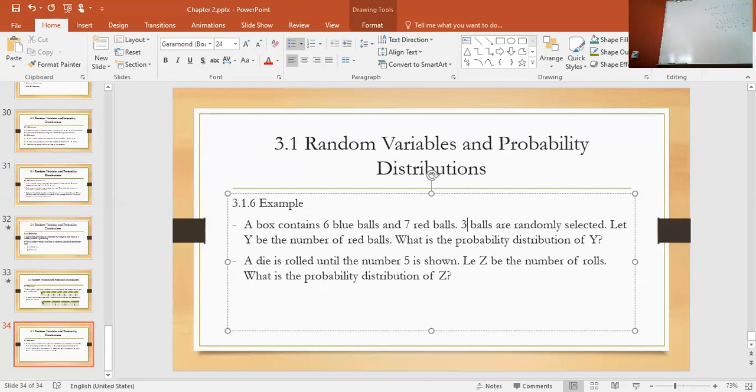Three balls are randomly selected. What is the probability that we will get 0 red balls? Remember, how many balls do we have together in the box?